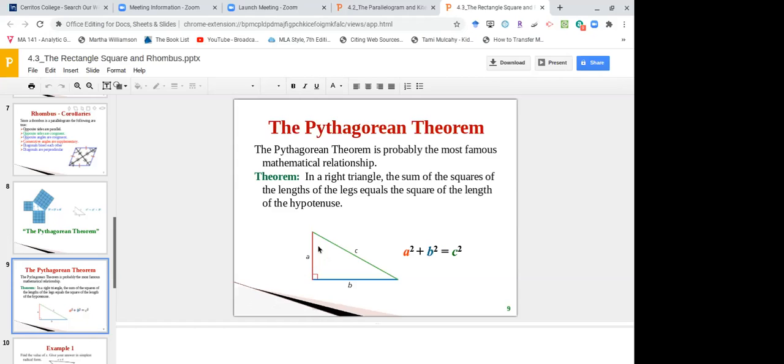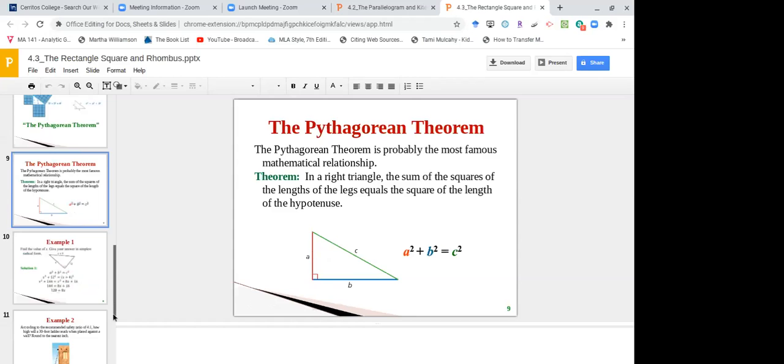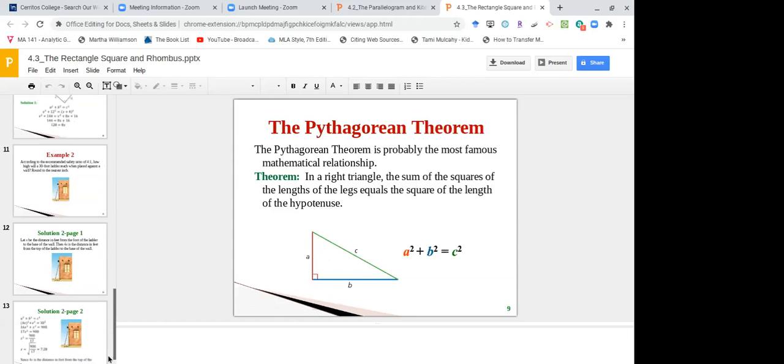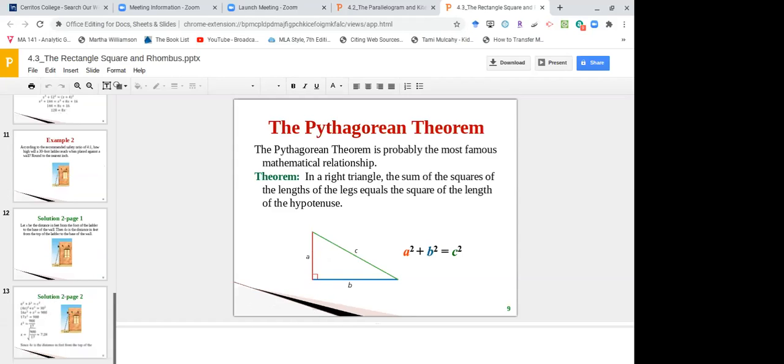Remember this, the straight sides that aren't slanted, the vertical side and the horizontal side are the legs, and the side opposite the right angle is the hypotenuse. And there's a couple of examples of that for you. And it should be fairly straightforward, okay?